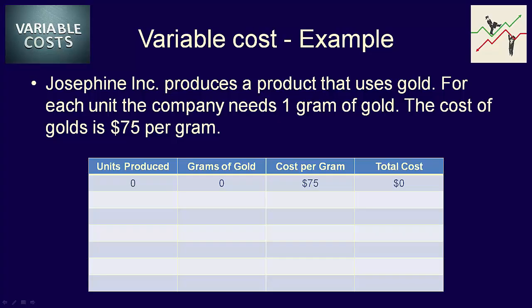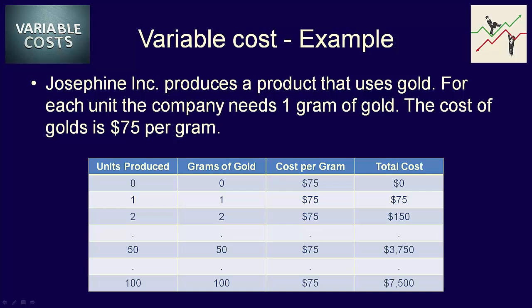Well, if Josephine produces 0 products, gold will cost them nothing. If Josephine produces 1 product, they'll use 1 gram of gold, and that will cost them $75. And if Josephine produces 2 products, they use 2 grams of gold, and it'll cost them $150.